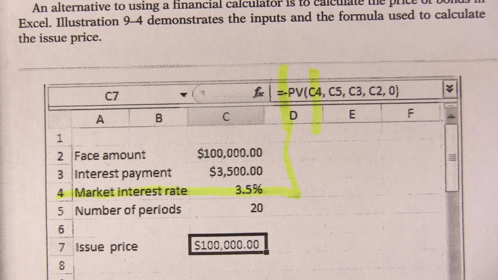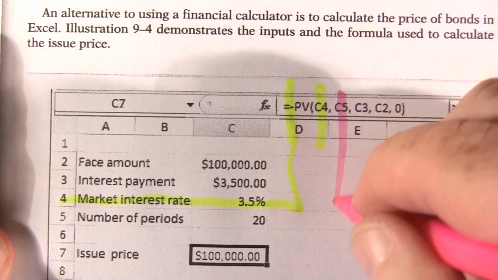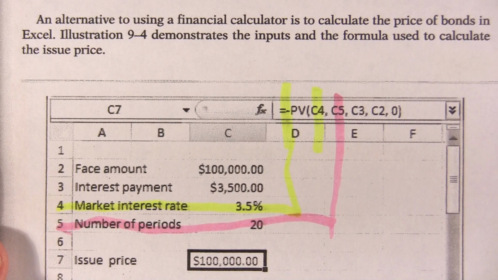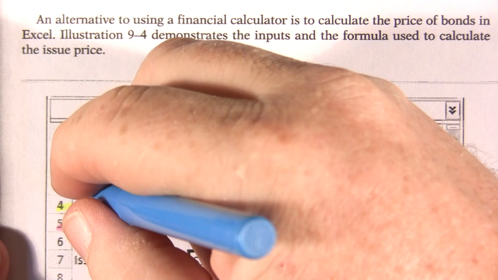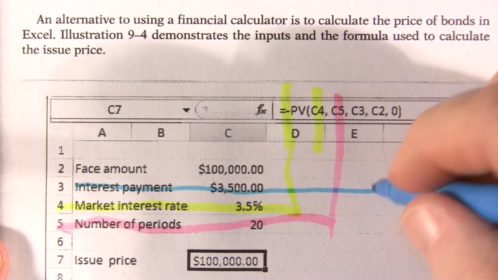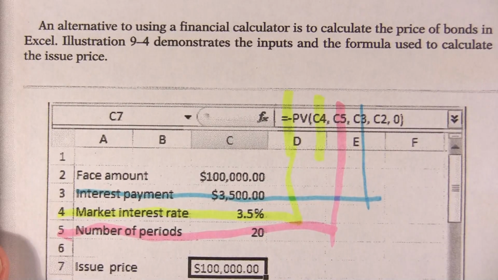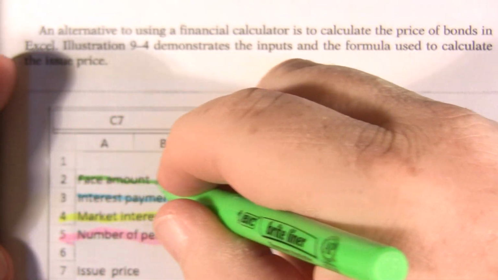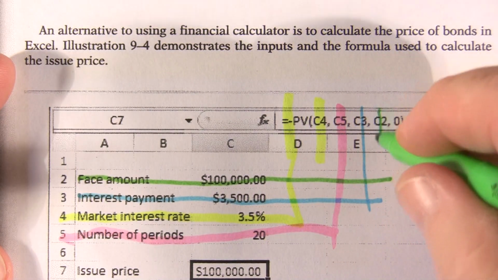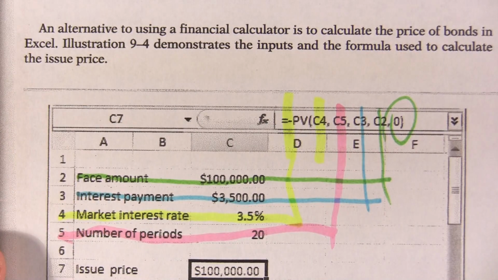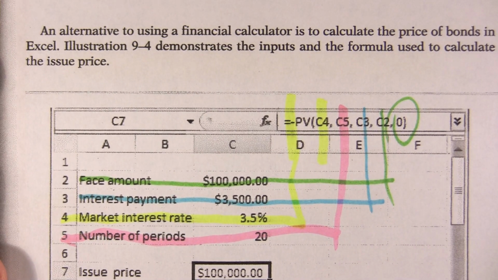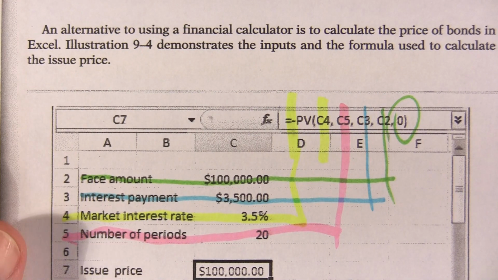Then the next thing it wants is the number of periods, and then it wants to know what those actual payments are, and last but not least, it wants to know when it's all done what's the face amount of the bond. And we talked about the 0 that indicates that the interest payment comes at the end of the year.